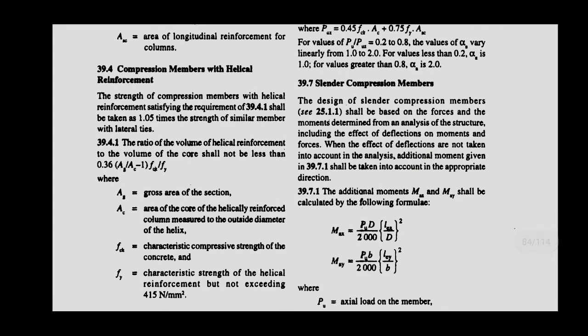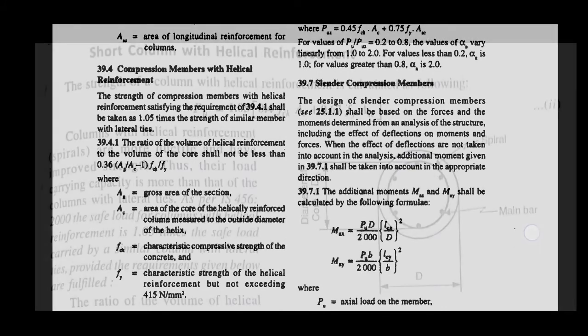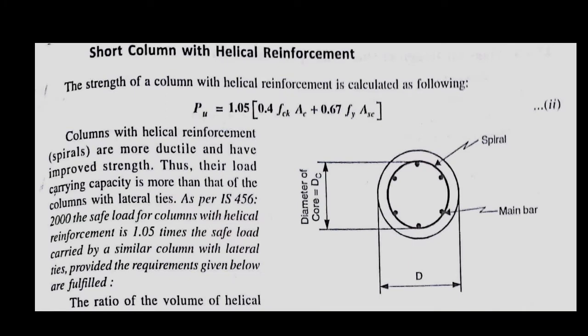So let's check the notes. The strength of a column with helical reinforcement is calculated as follows as per clause 39.4. Pu is equal to 1.05 into (0.4 fck Ac plus 0.67 fy Asc), as I said earlier. Columns with helical reinforcement or spiral are more ductile and have improved strength. Thus, their load carrying capacity is more than that of columns with lateral ties.